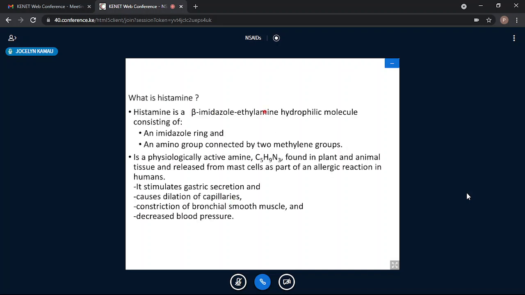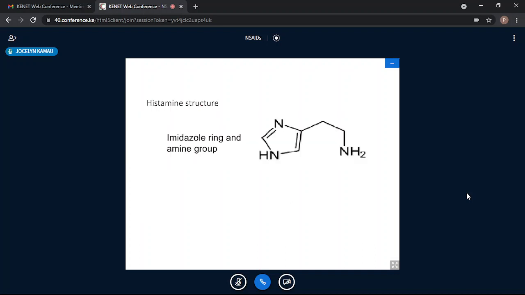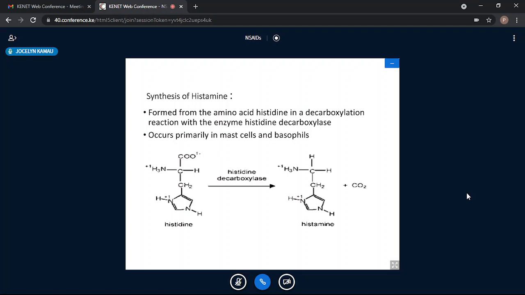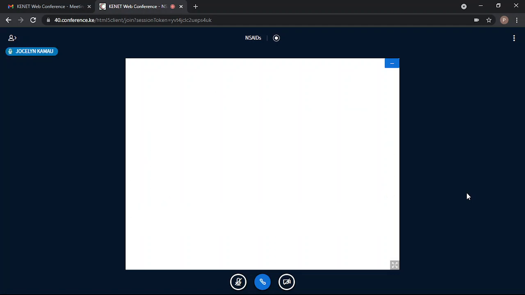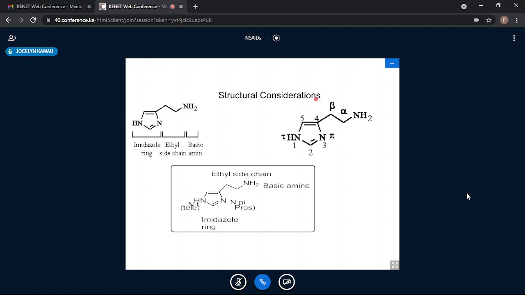This beta is coming from the point of attachment of the imidazole ring, because the imidazole ring can be attached at different positions. It can be attached here. If it's attached here, then that will be an alpha imidazole ethylamine, but it is attached at that position, and then no wonder the name beta.